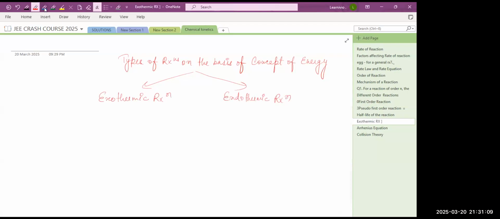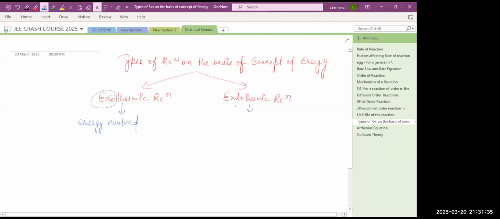Okay, now see, exothermic reaction. It is a reaction in which energy is evolved along with the product, right? Exo means energy is being evolved. And what is an endothermic reaction?